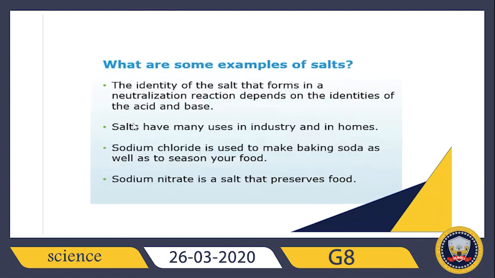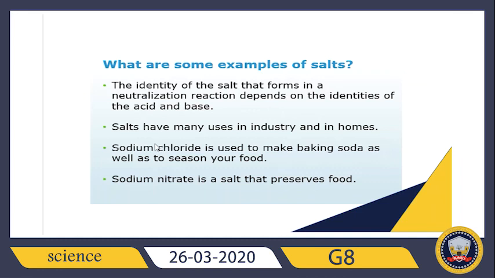The identity of the salt that forms in a neutralization reaction depends on the identities of the acid and base. So for example, if you are mixing HCl with NaOH, the type of salt that will form is NaCl, or what we call sodium chloride, or table salt.